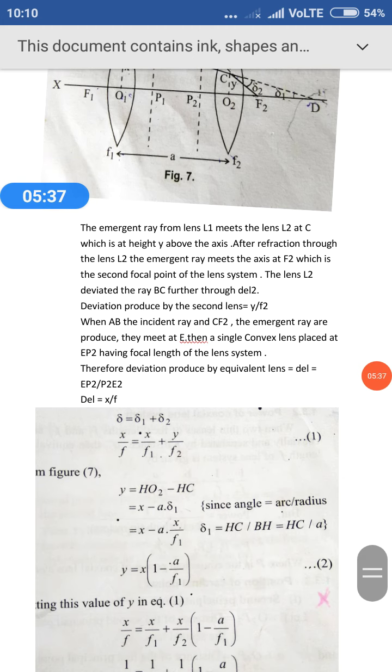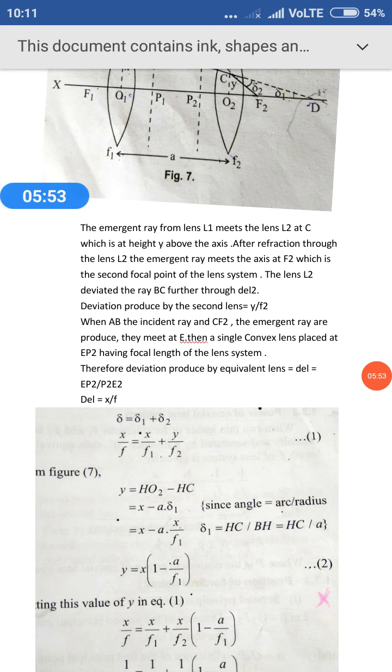The emergent ray from lens L1 meets the lens L2 at C, which is at a height y above the axis. After refraction through the lens L2, the emergent ray meets the axis at F2, which is the second focal point of the lens system.